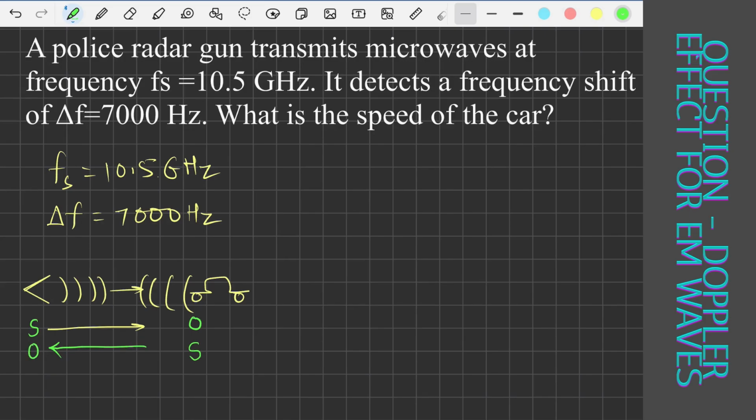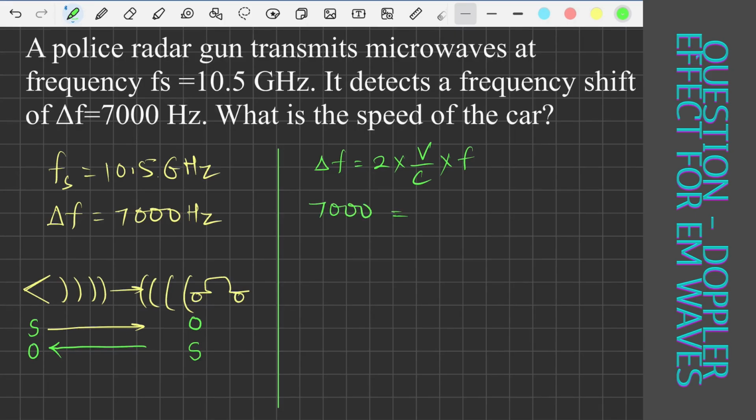So there will be shift in the wavelength or the frequency of the wave twice because of the reflection. So in this case, the formula of Doppler effect for electromagnetic wave is modified something like this. Delta f is equal to 2 into v by c into f, something like this. So now delta f is how much?